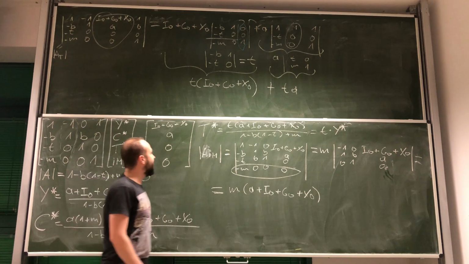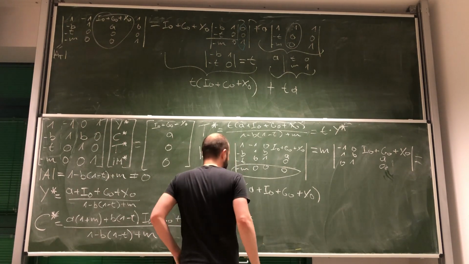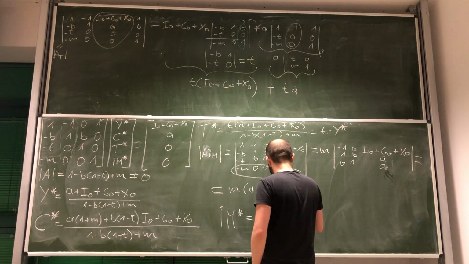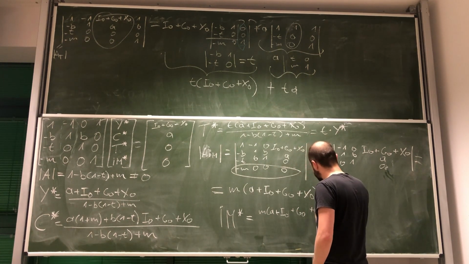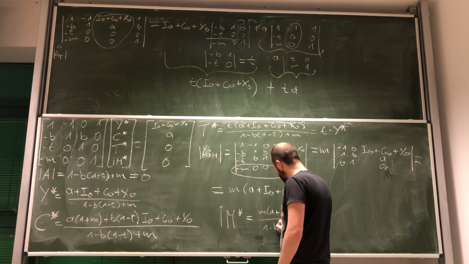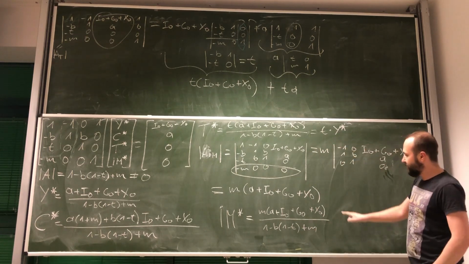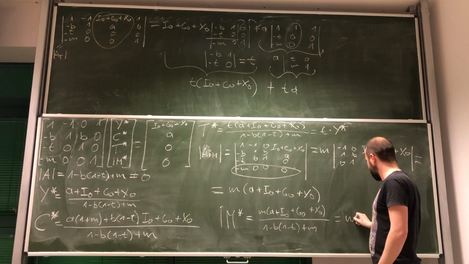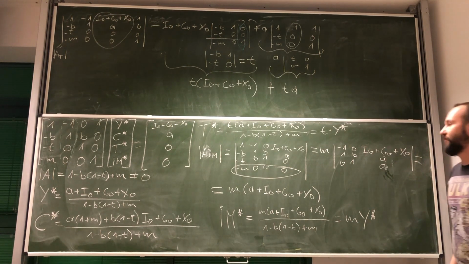Now we get out of it that imports in equilibrium are equal to M times A plus I0 plus G0 plus X0 all divided by 1 minus B times 1 minus T plus M. And look, again, we see the equilibrium level of income here, which means it's equal to M times the equilibrium level of income.